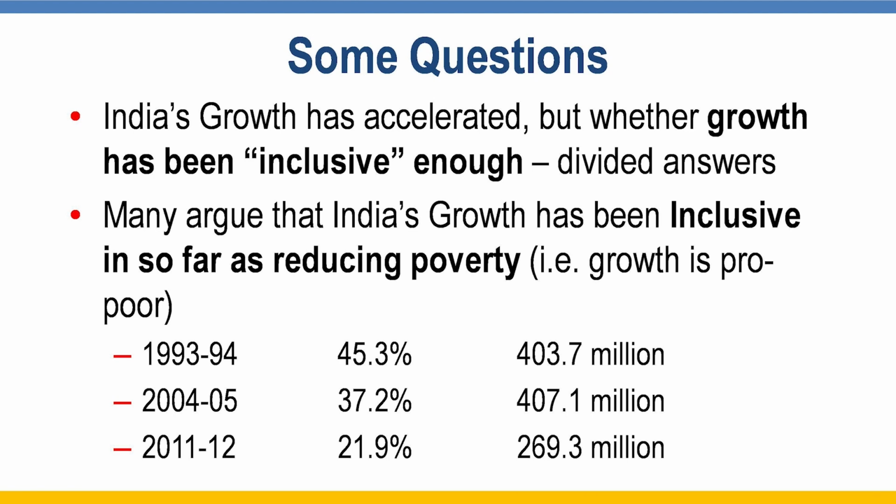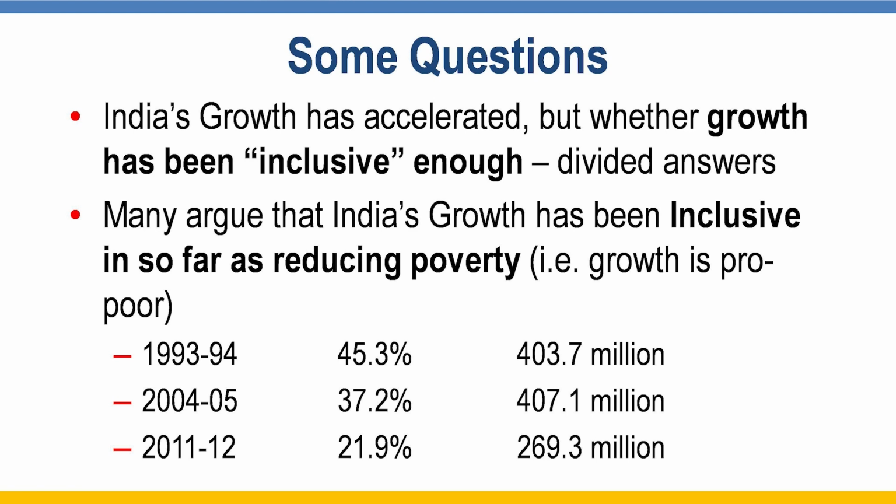Many believe that it has been inclusive in the sense that poverty, for instance, has been reduced substantially. India's accelerated, high growth has resulted in enormous success in reducing poverty, which we call growth being pro-poor. Let us look at some figures.